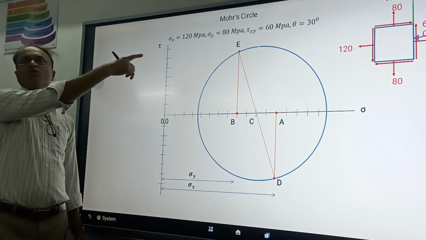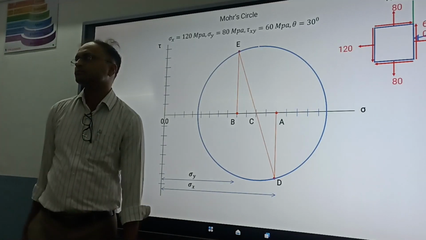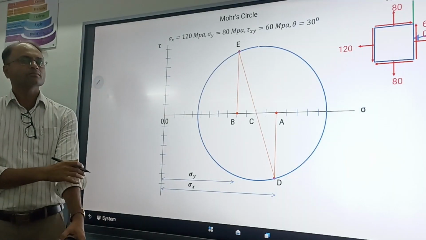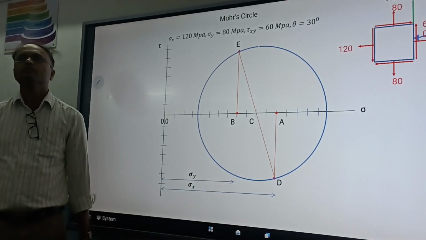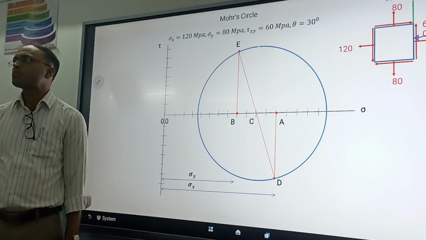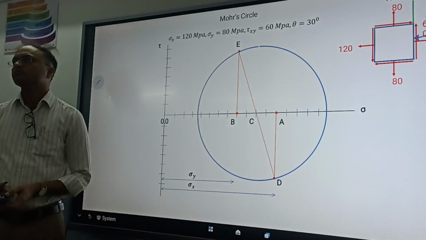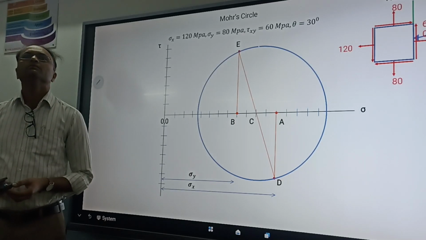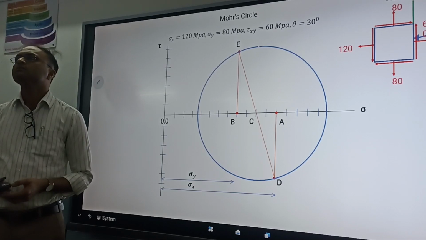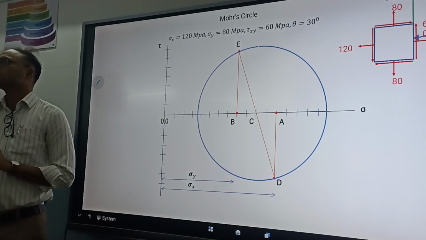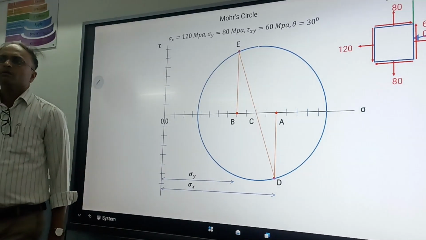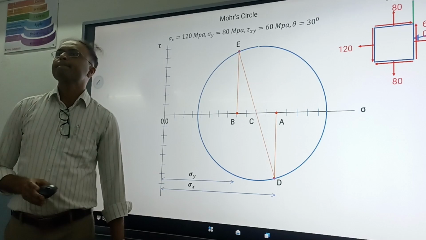This circle is actually the Mohr circle. Is it drawn? Circle?